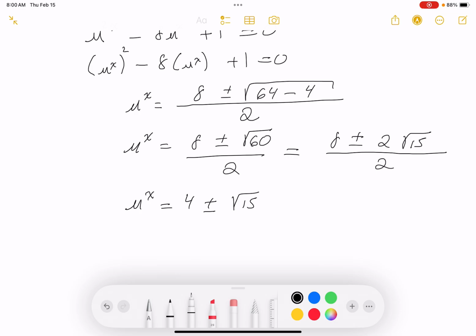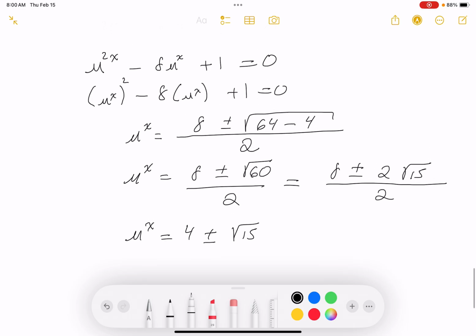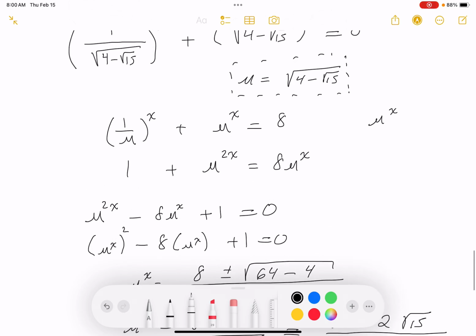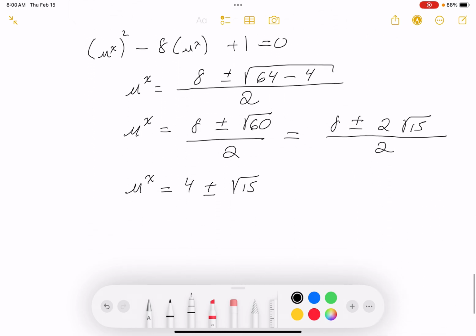So now the question is, what do you do about that? Well, I think I know what u is, but I got to remind myself. It's so familiar, isn't it? Oh, use this thing over here, which is going to be the root of 4 minus root 15. I'll write that down. So it's 4 minus the root of 15 to the x equals 4 plus or minus the root of 15.